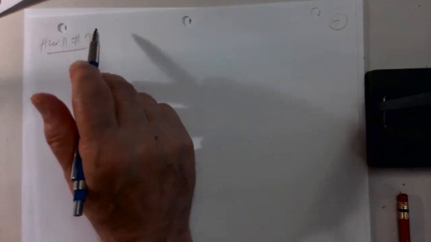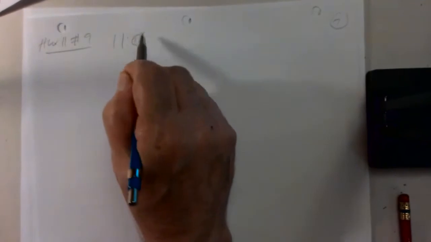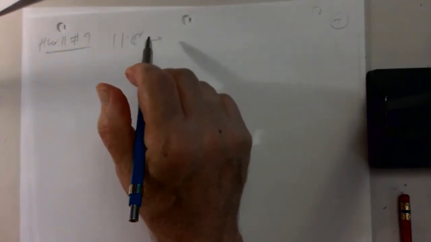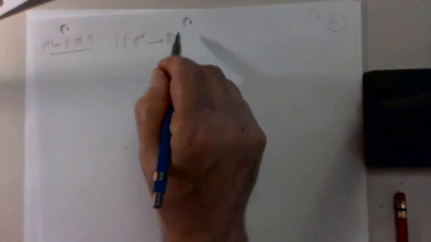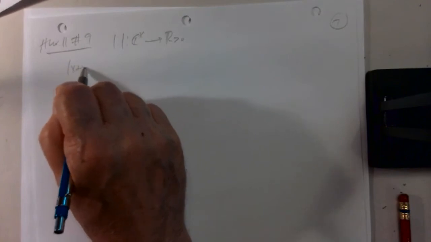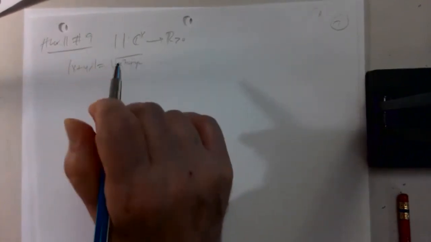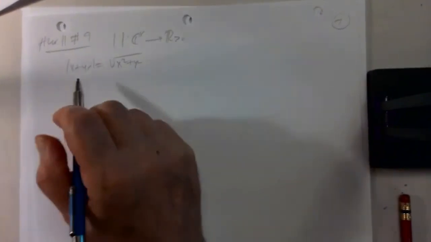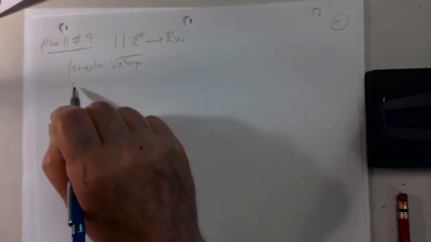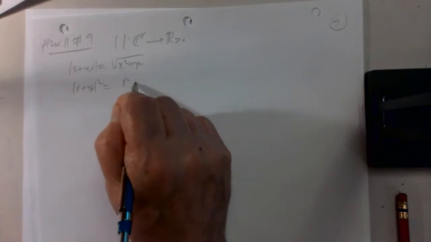So we have the absolute value function from the non-zero complex numbers to the positive real numbers, where the absolute value of x plus yi is the square root of x squared plus y squared. Or the absolute value of x plus yi squared is x squared plus y squared.